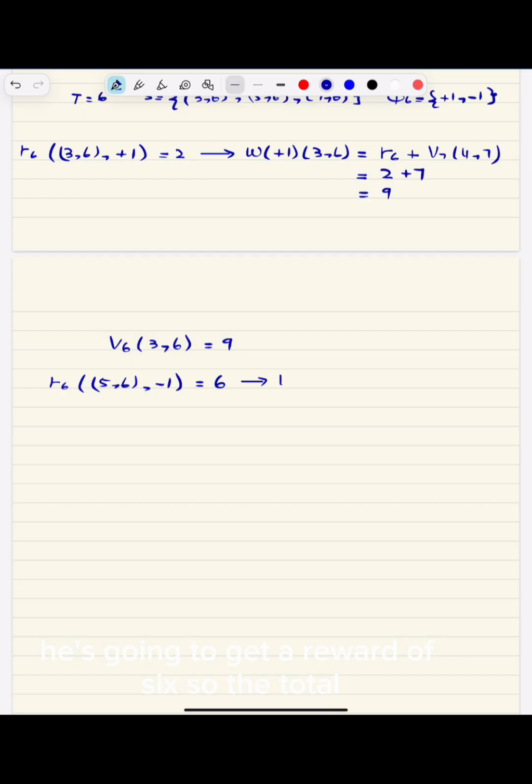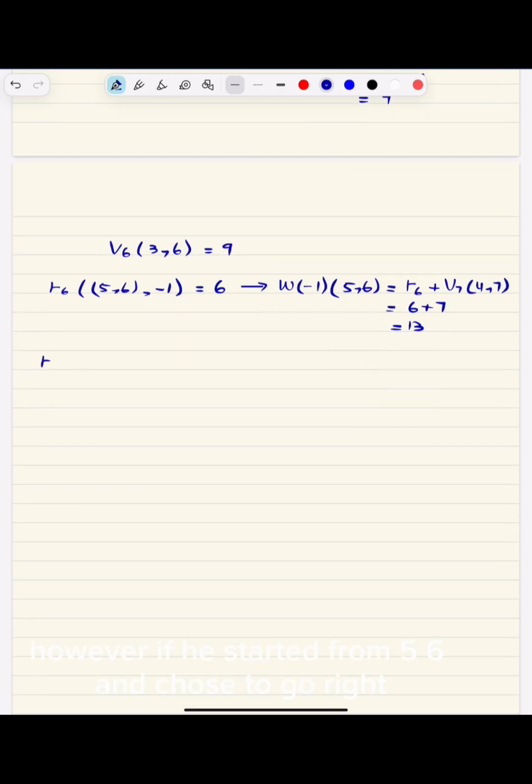So the total value of taking a left from the node 5 6 is first the immediate reward at time period 6, and then the reward that he's going to get from the periods that come after 6. Since he's going to end up at 4 7, we are interested in the reward stream that takes us forward from 4 7. So we have a 6 plus a 7, which is a 13.